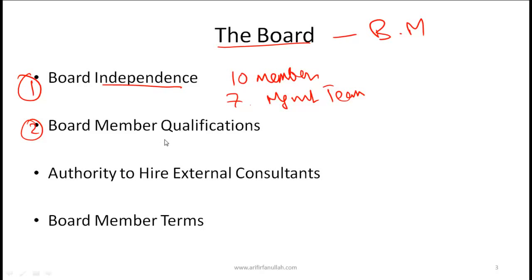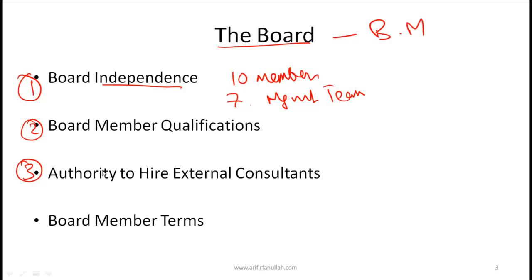So for example, if somebody is in charge of the finance and audit committee but has no background in finance, then clearly the management team can probably get away with things that they should not be able to. So this is a simple point and quite logical, that board members should have appropriate qualifications. As an investor, if we find a situation where the board members don't have appropriate qualifications, that is a red flag.